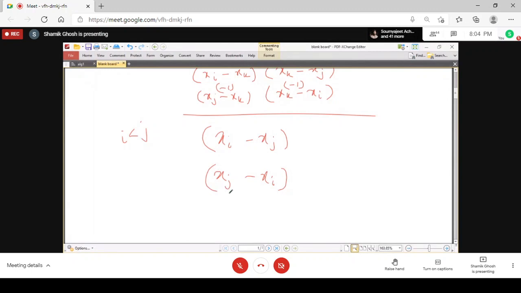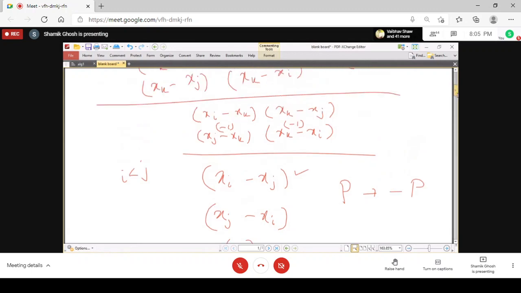There is no balancing here, so it gets a -1, and since all other terms ultimately retain the same value, under any transposition p changes to -p, because this changes to xj minus xi, but originally it was xi minus xj, and so it changes the polynomial p to -p.